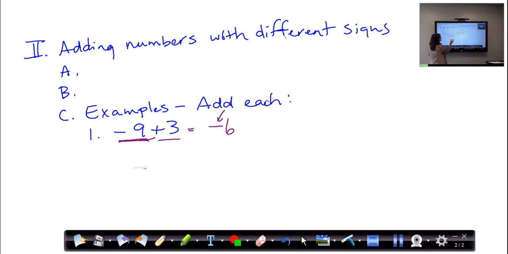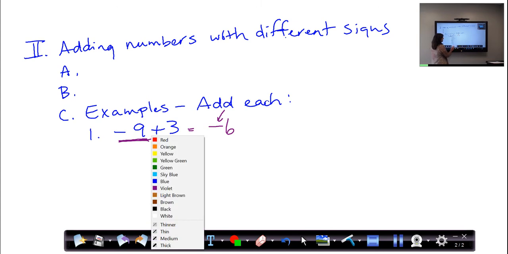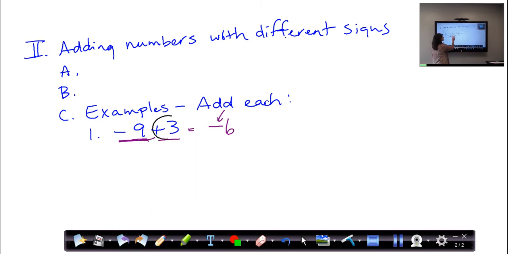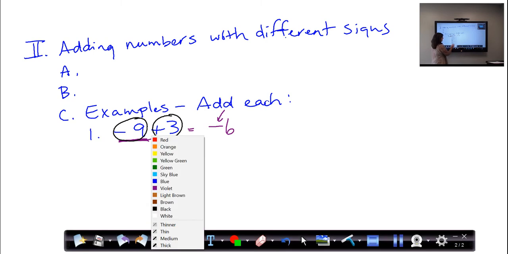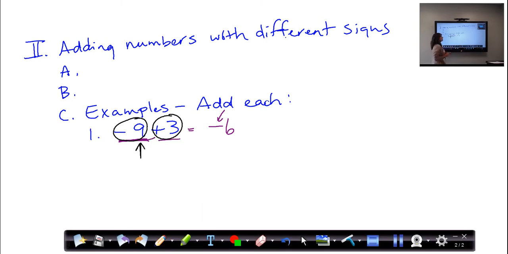Now the cool thing with different signs is a third way to look at it. Because those signs are different, these 3 cancel out 3 of these. So when these 3 cancel out 3 of these, I'm left with 6 of these. So 6 of the negatives is what I'm left with.